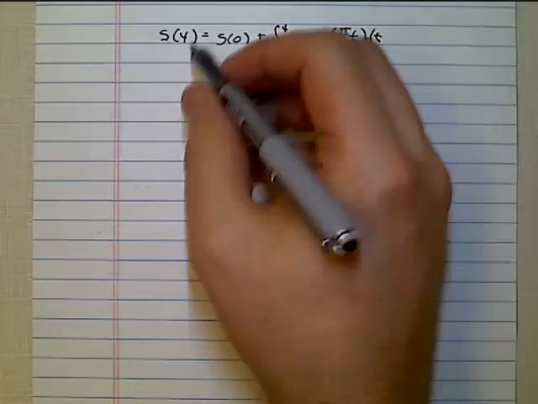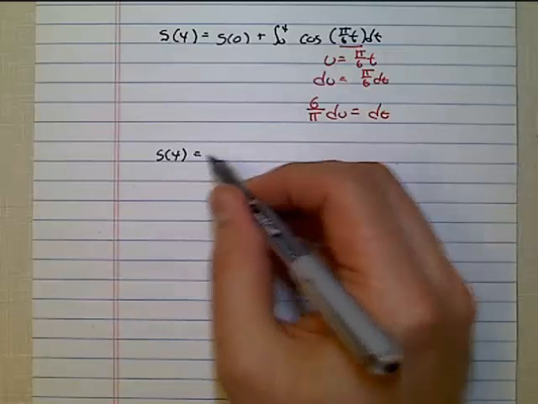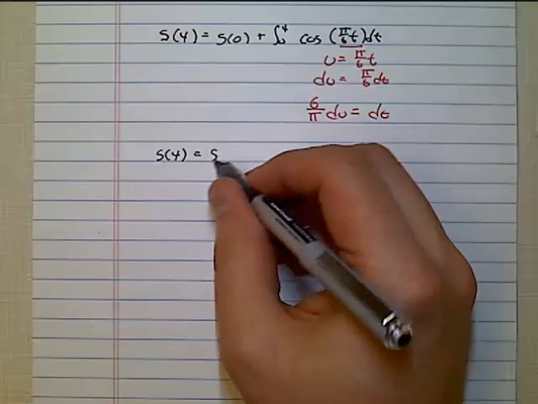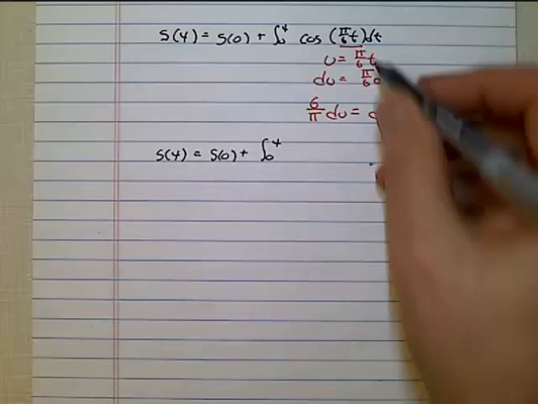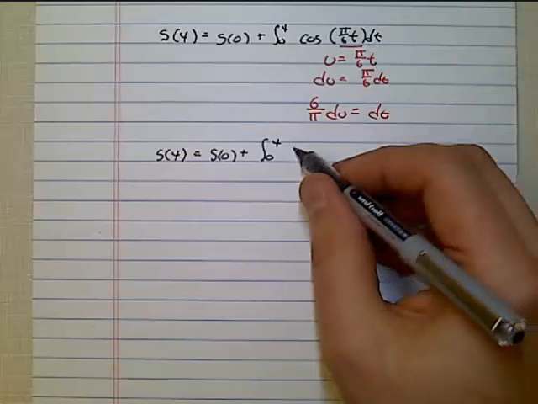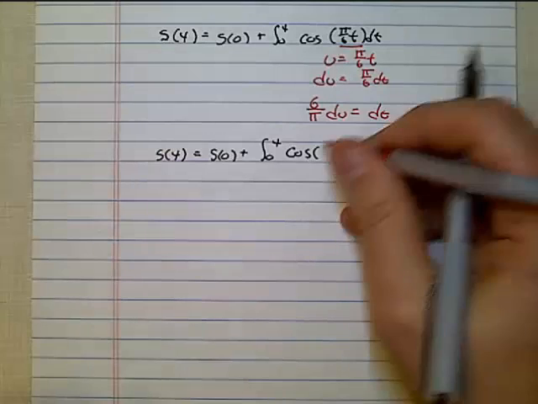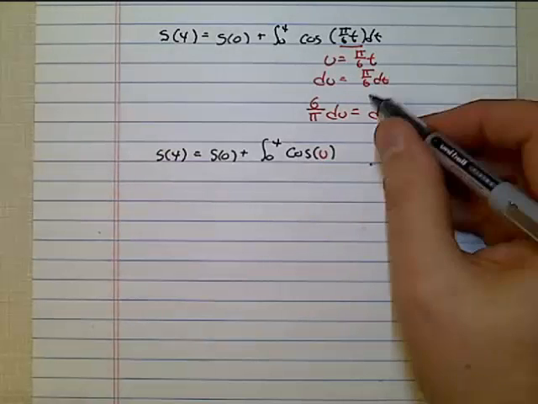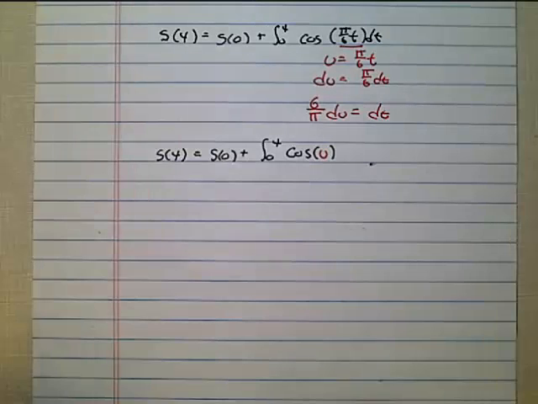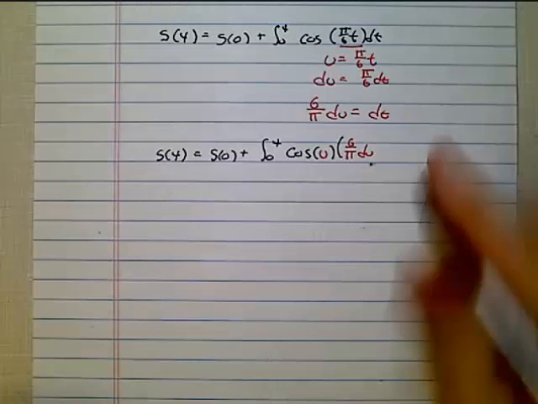So we'll just bring everything down. s of 4 equals s of 0 plus the integral from 0 to 4 of cosine of u, and our dt we're replacing with 6 over pi du. That's our substitution that we're making.